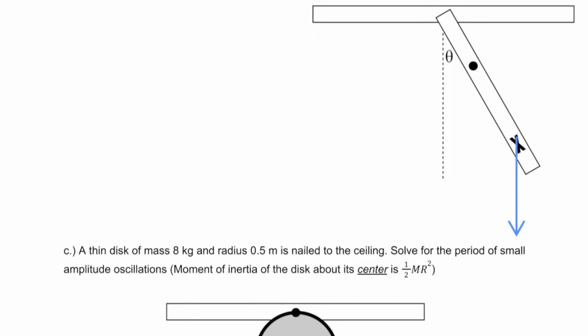So there's our mg. Here's its line of action. And our pivot point is given by the dot. So that's going to be our distance.